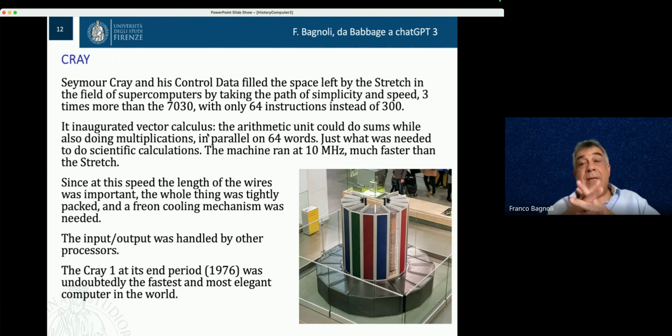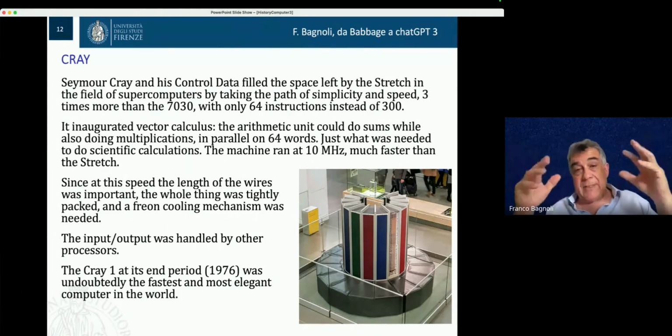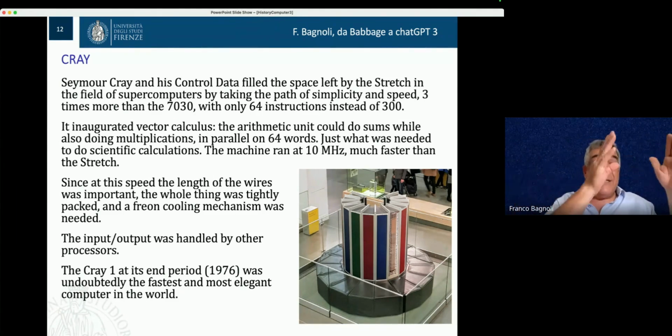You remember that in many cases, in physics especially, you have to perform the same computation on all elements of a vector. So this was designed in such a way that we could do this in parallel without rereading the instruction for each unit, but simply applying it, almost in parallel, to all elements of a vector.